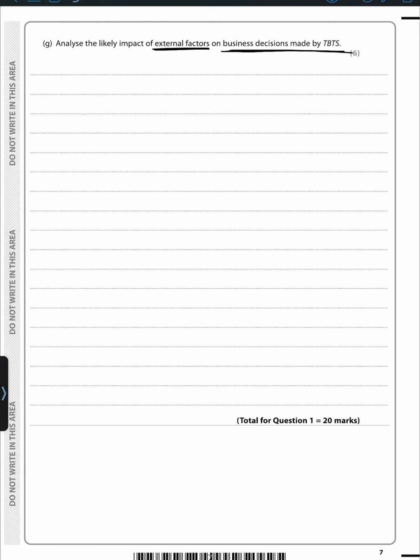How they could understand that more environmentally friendly toys are being demanded, and therefore they would make more of it, and this would mean that they're getting more competitive and bringing more customers into the toy shops, as they're acting in a responsible and sustainable way, even though they're making toys and they are high quality goods. So that is one way that the decisions are being influenced by external factors in the business.